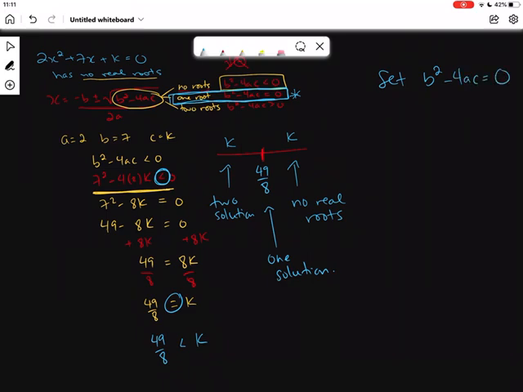As long as you set this equal to 0, replace c with k and solve for k, you'll be able to find that boundary. If I'm on the right-hand side of that value, then I'm going to have no real roots. If I'm exactly at that number, I'll have exactly one solution. And if I'm less than that number, then I'm going to have two solutions.